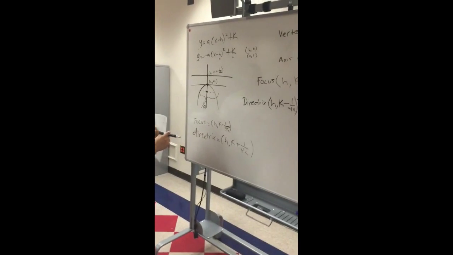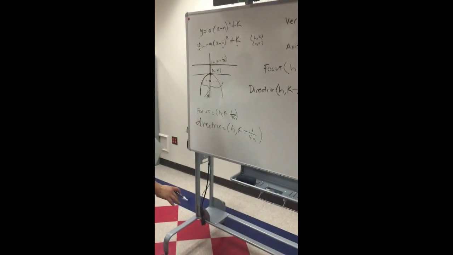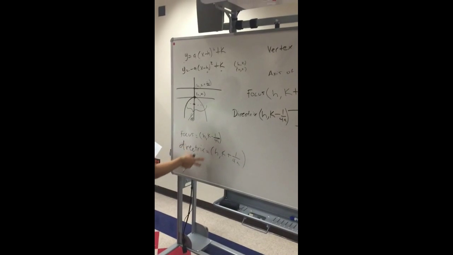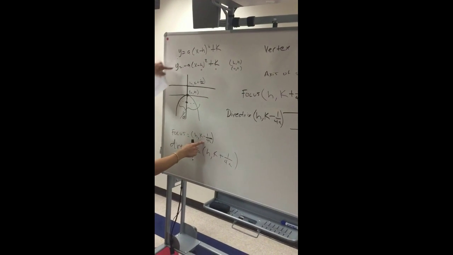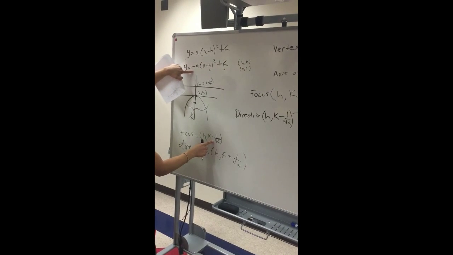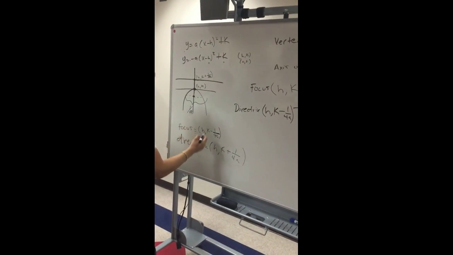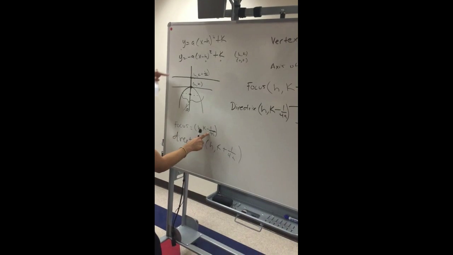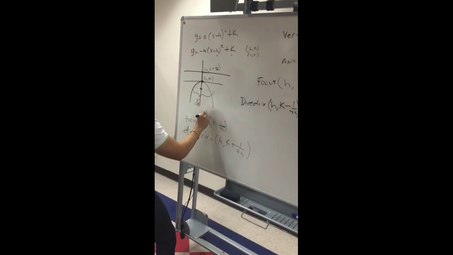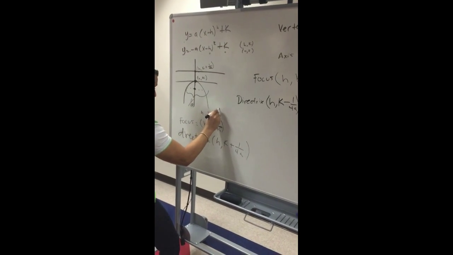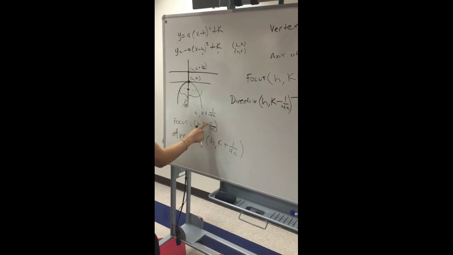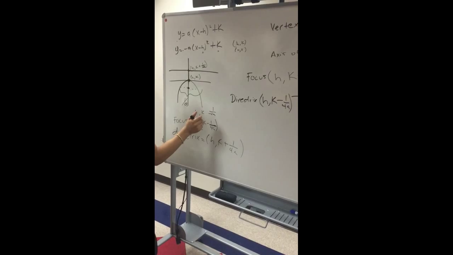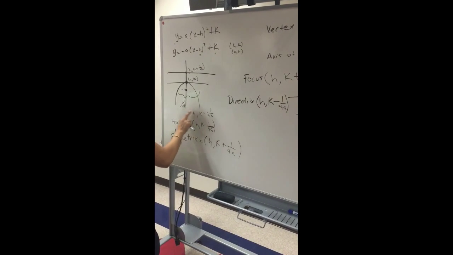As you can see right here, it's the same exact thing, with the difference that these two change. The reason these two change is because a positive times a negative is a negative. So that's why this one is becoming a negative, because it's h, k plus 1 over negative 4a.